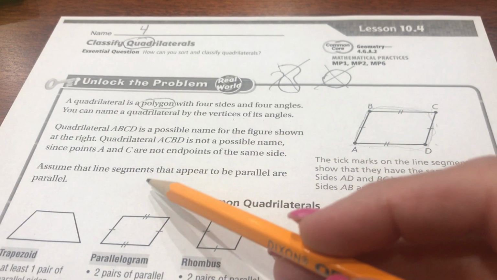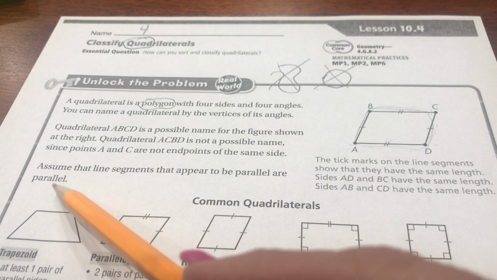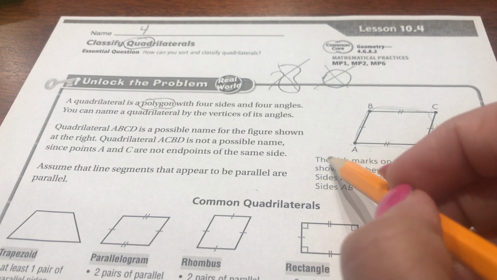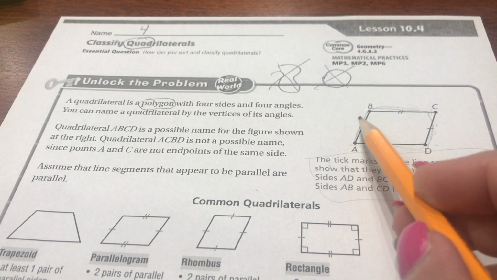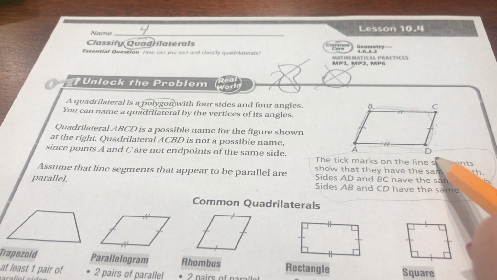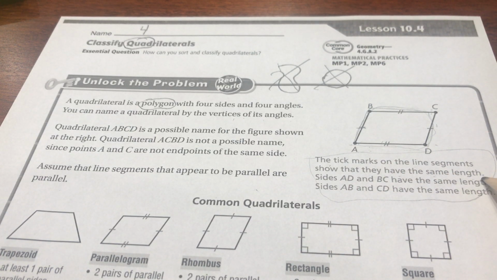Now, assume that line segments that appear to be parallel are parallel. Okay, let's look at this figure right underneath. I'm seeing this caption here, and it's talking about these things here. These are called tick marks. The tick marks on the line segment show that they have the same length.